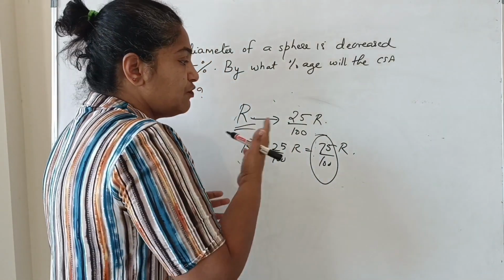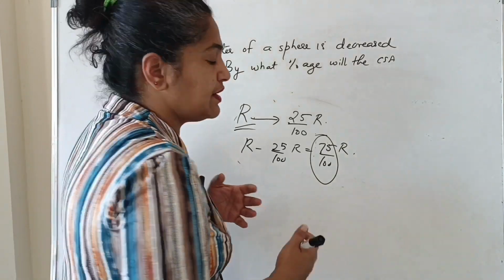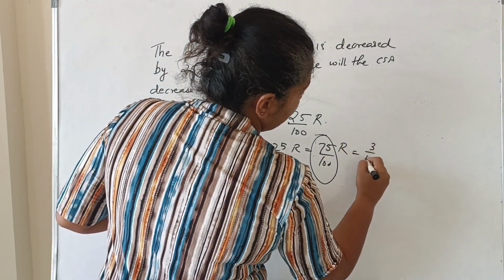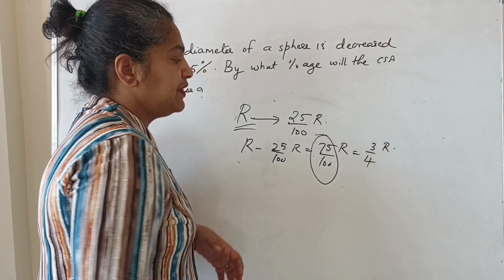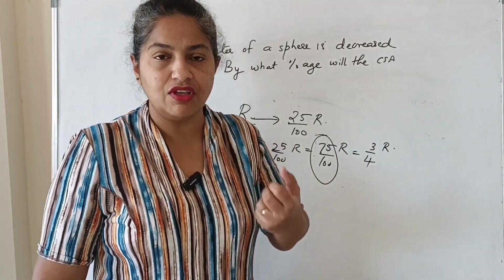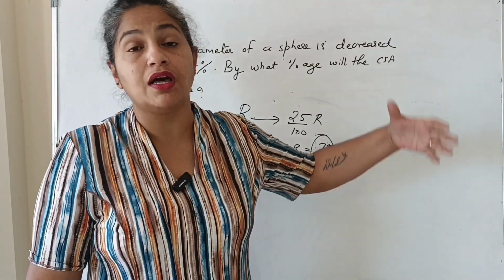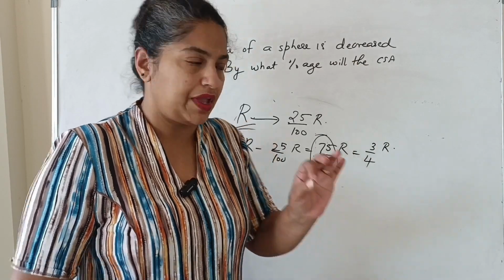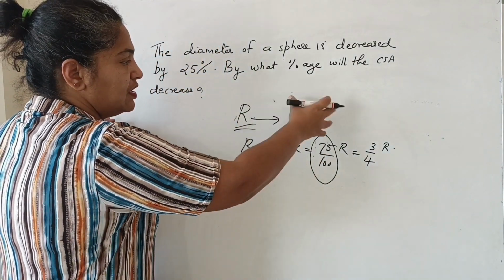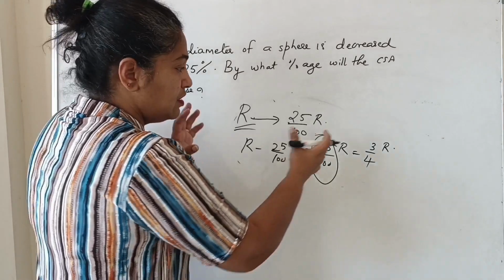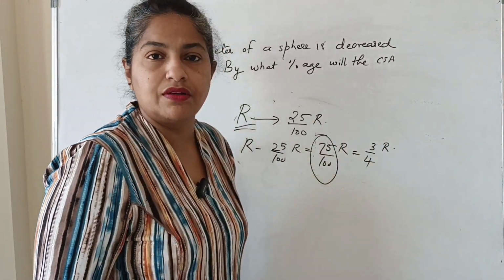Now 75 by 100, if you take out the common factors, you know that it will get reduced to 3 by 4 R. It's much easier and it's such a relief to reduce this number to 3 by 4 R and then get on with the sum. Okay. So we had a radius R, 25% is gone. The new radius is 3 by 4 R.